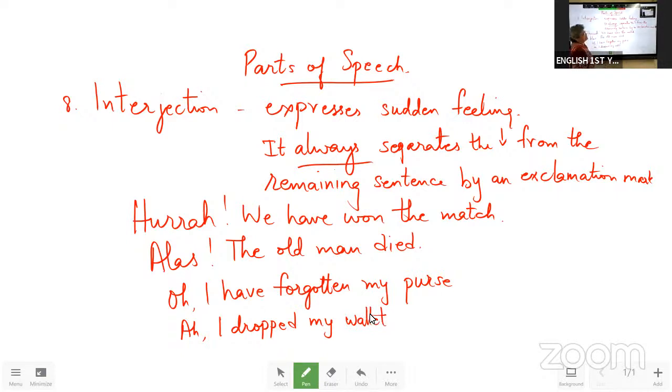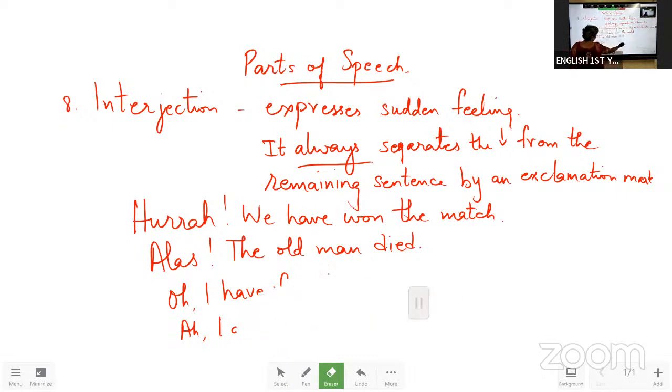So when the exclamation is soft, you use a comma. When it expresses great feeling, whether it is excitement, sorrow, anger, it is separated by an exclamation mark.